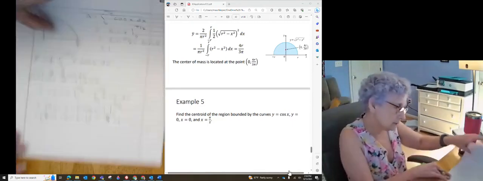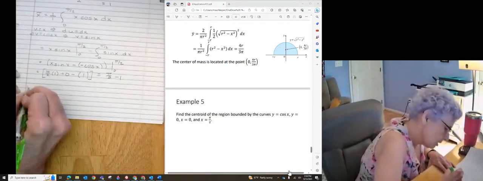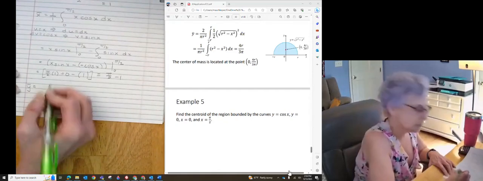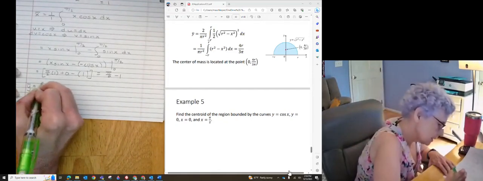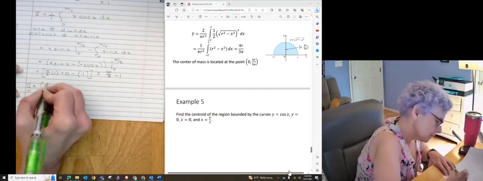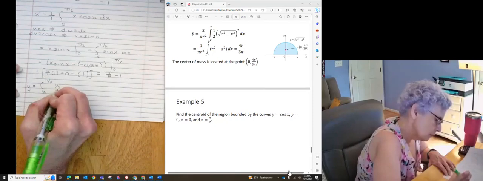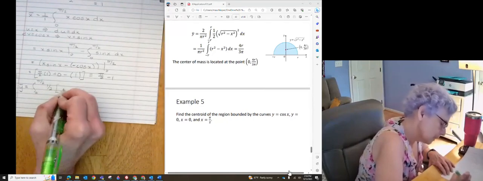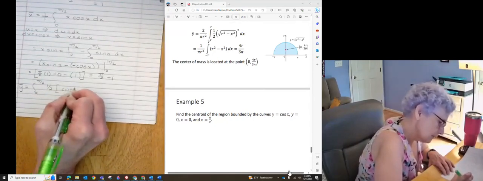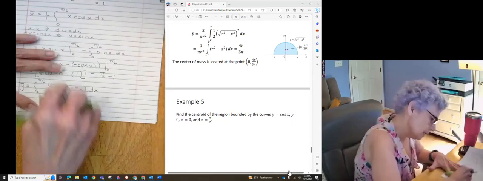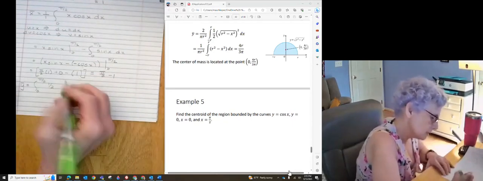Now I need my y coordinate. So y bar is equal to 1 over 1. I'm not even going to bother to write it down this time. Integral from 0 to pi halves, 1/2 of f of x squared. And let's fix that.